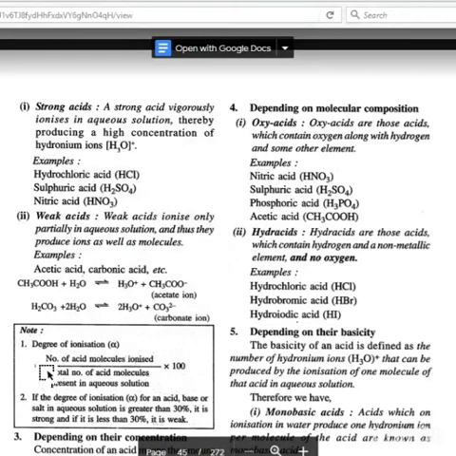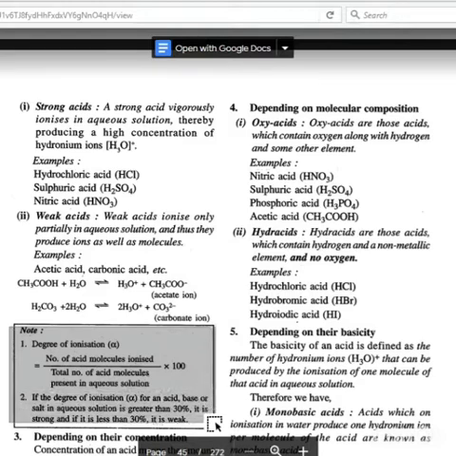Now, another very important formula which is showing the degree of ionization. It means the number of acid molecules ionized out of the total number of acid molecules, times 100. That degree is denoted by alpha, and that shows the strength of the hydronium ion.